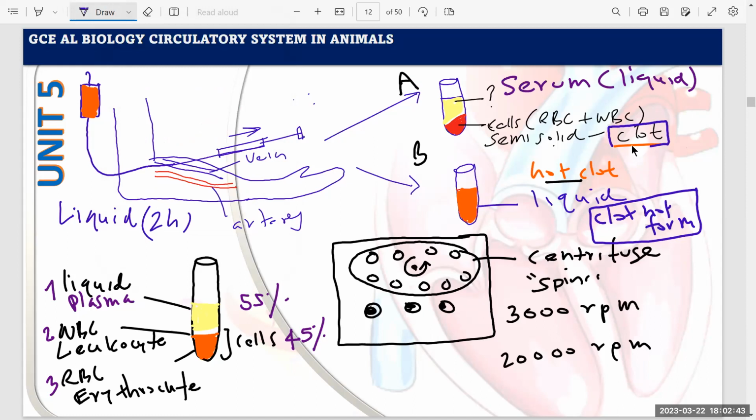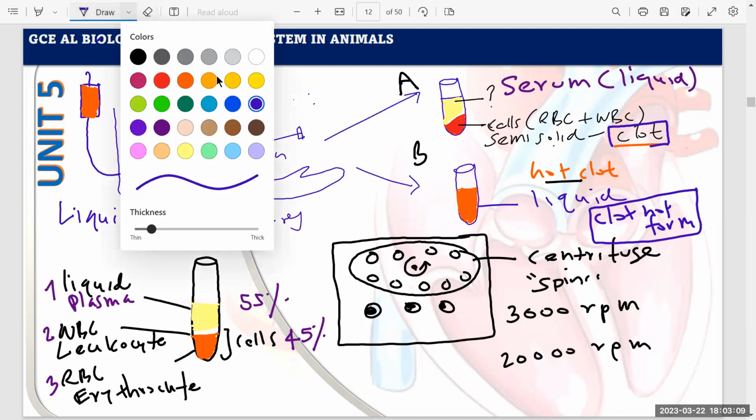Now again we have a question. We can understand blood clotting. Blood clots when it is outside. That's a natural process, because if there's bleeding, blood clots. We don't understand now why it does not clot here. Why does it not clot?